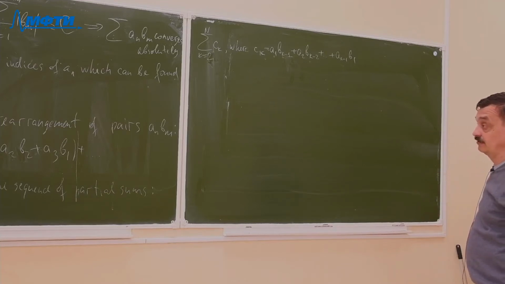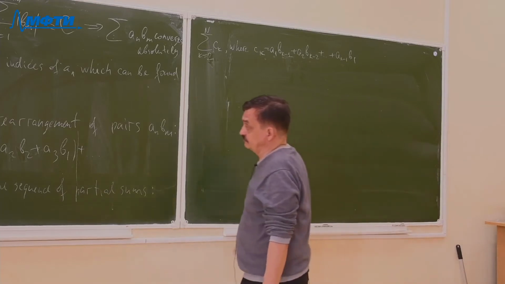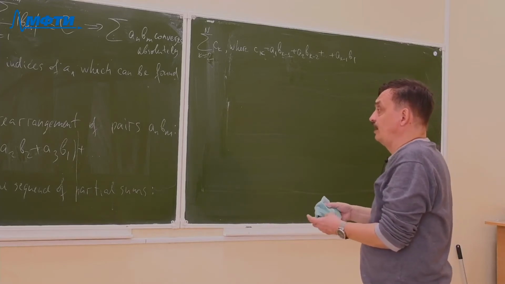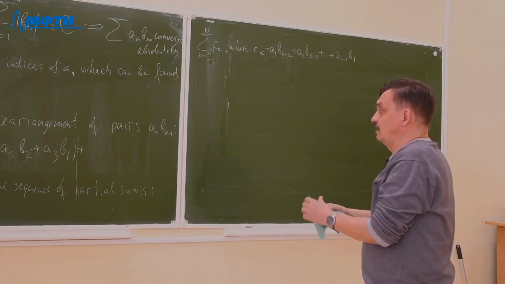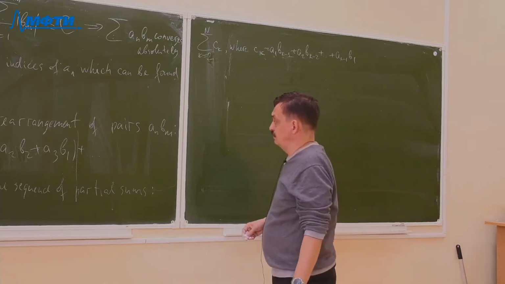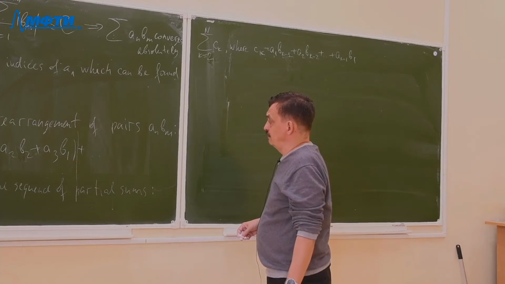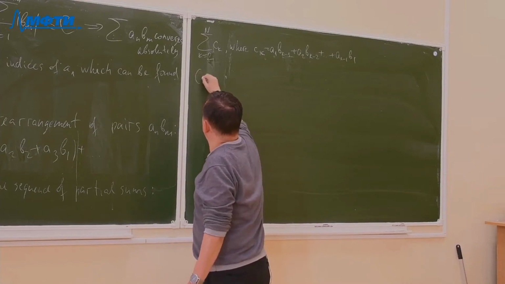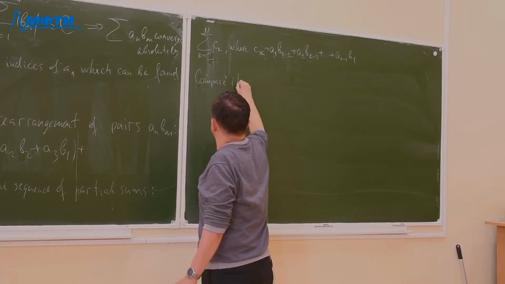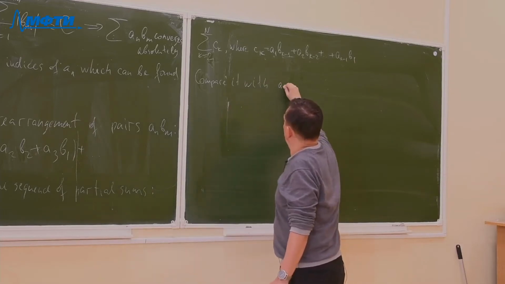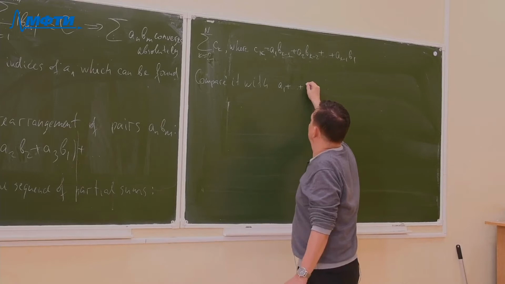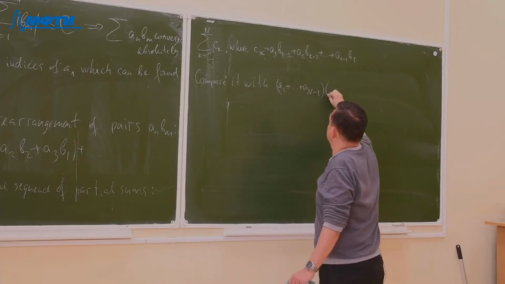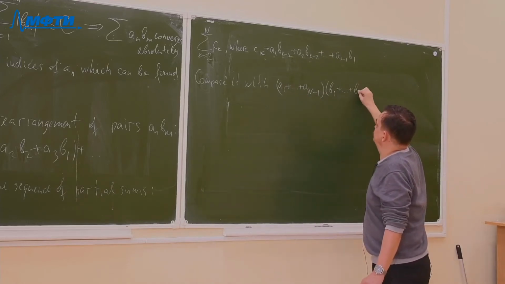Now, look at this. Compare it with the following: (A1 plus so on plus A(N-1)) times (B1 plus so on plus B(N-1)).